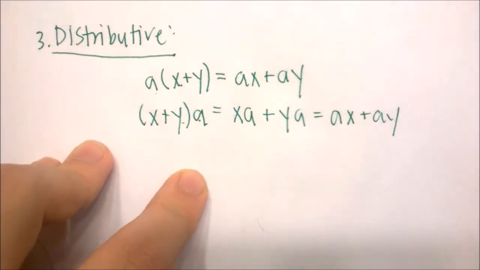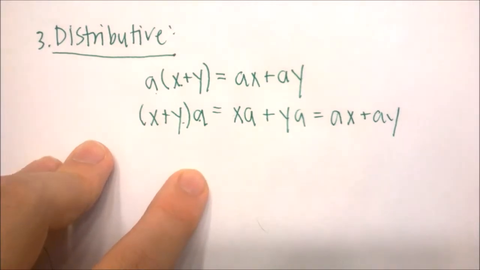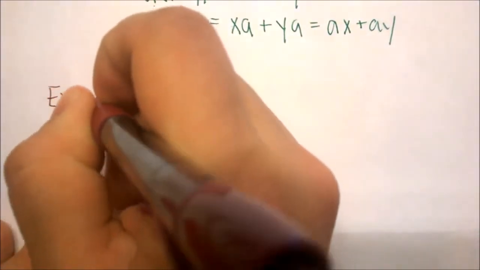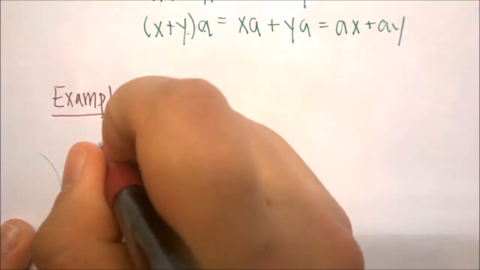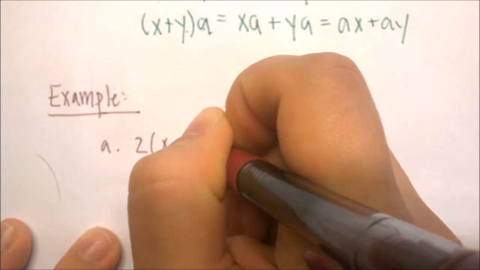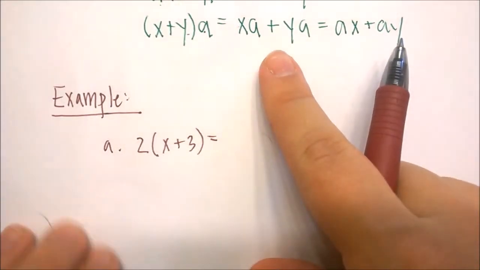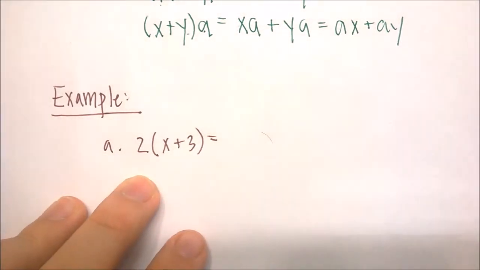So let's look at an example. First thing I want to look at is an example of the distributive property. So just like here, we can multiply this 2 out.